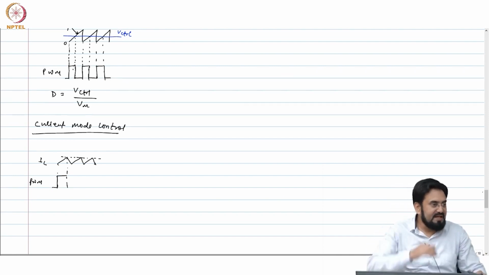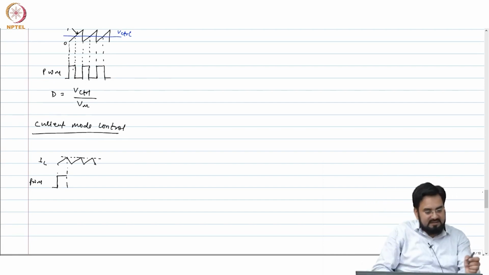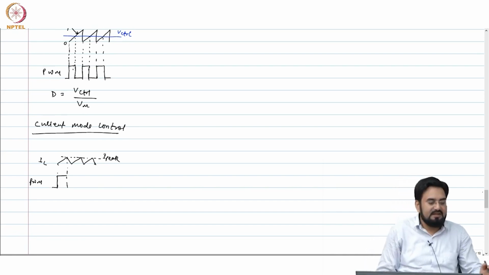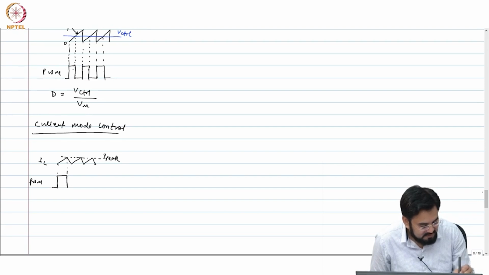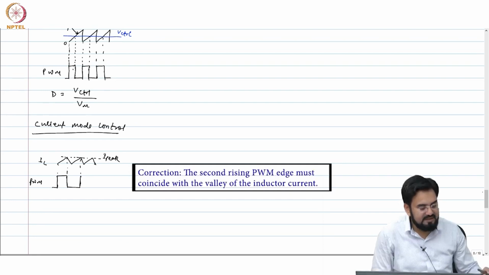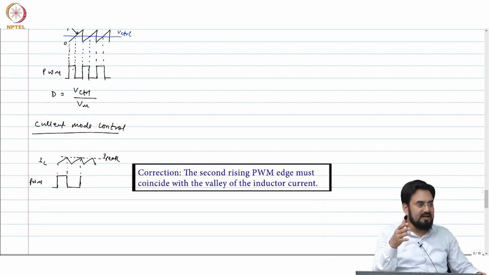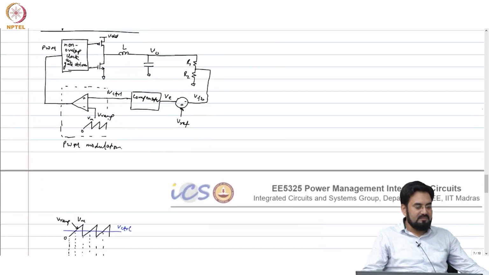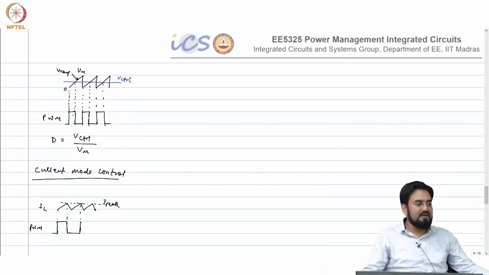So, when PWM is high, inductor current will rise, and when it reaches a certain peak, let us say I peak, you reset the duty cycle. So, you are looking at the inductor current information rather than the voltage information. In the voltage mode, we are not looking at the inductor current at all, okay.